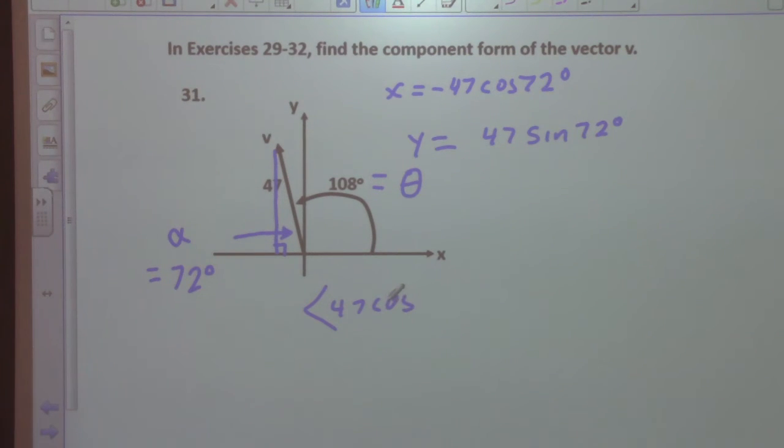So what you have is 47 cosine of 108 degrees, comma, 47 sine 108 degrees.